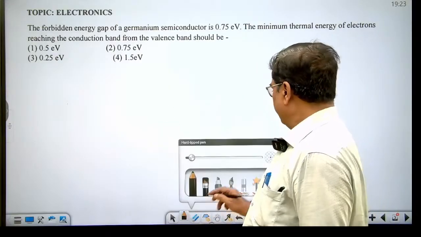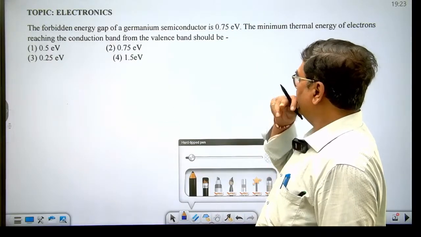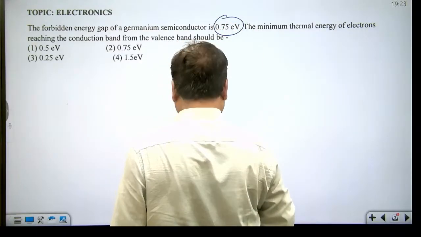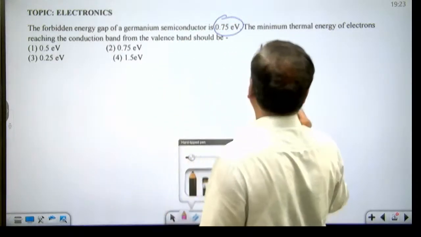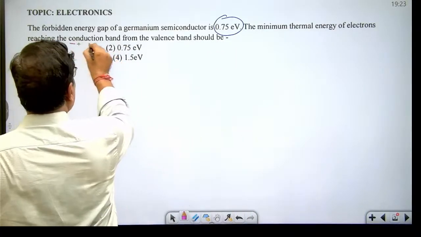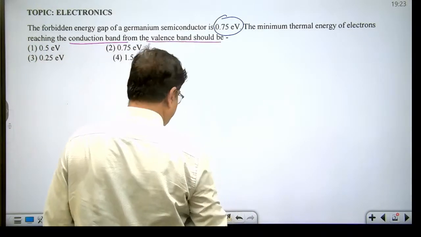The forbidden energy gap of a germanium semiconductor is 0.75 electron volt. The minimum thermal energy of electrons reaching the conduction band from the valency band should be?